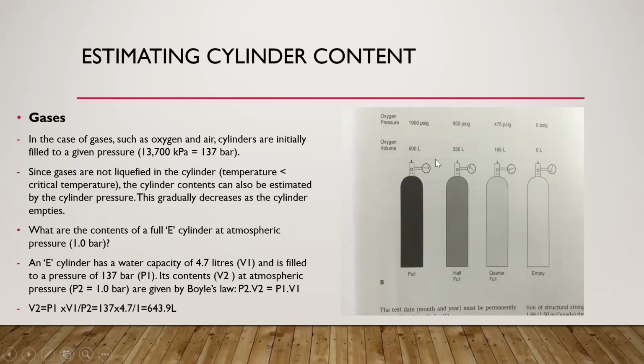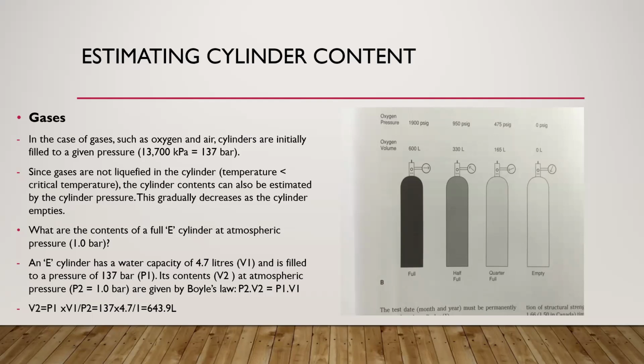A full cylinder has almost 1,900 PSI. When it's half, it reduces. Now if we're trying to estimate the volume of a full E cylinder at atmospheric pressure, we just want to know the water capacity of the cylinder, which is 4.7, a known. And the pressure on the cylinder is about 137. So that will give you P1, V1. So we're looking at the content at atmospheric pressure.